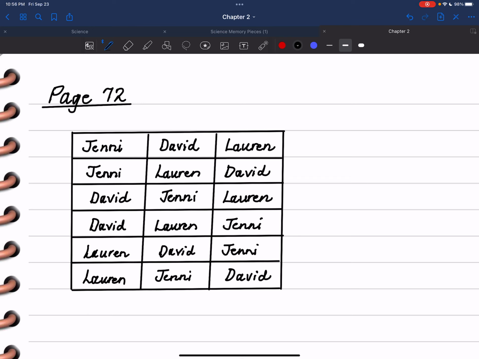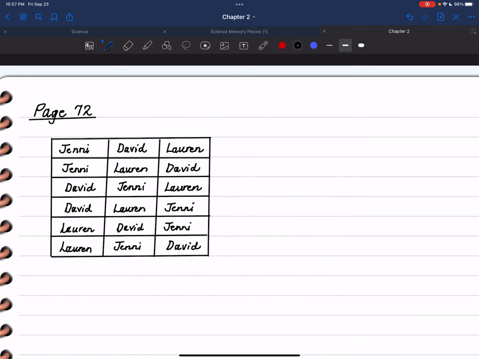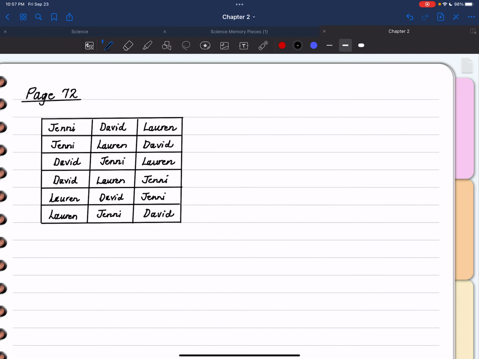So these are all the ways that we could arrange these seats. So how many different outcomes are there? How many rows did we come up with? There are 6 possible outcomes. And we've just listed them all right here.